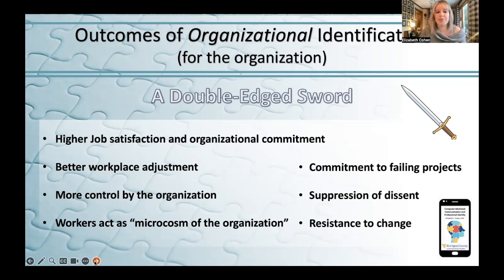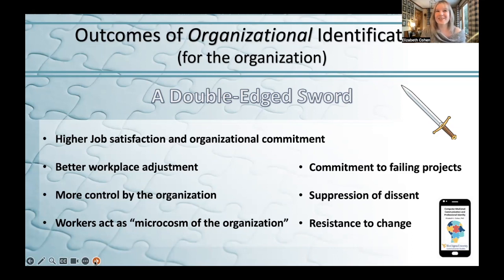One reason we care is because people who identify with their organizations have higher job satisfaction. If you feel really connected to the place that you're working for, if you consider it an extension of your social identity, you're going to have greater commitment and you're just going to be happier working for that organization. It is better for workplace adjustment if people are, for instance, new to the organization or there are changes.